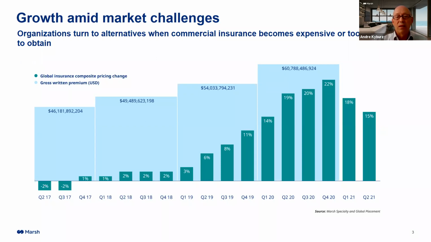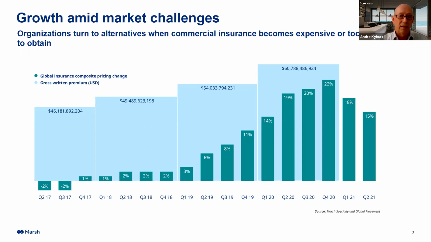But I need to say it's not only price driven, of course, the interest in alternatives, it's also very much so capacity driven. We see markets retracting their capacities, managing their capacities much more carefully than in many of the previous years.